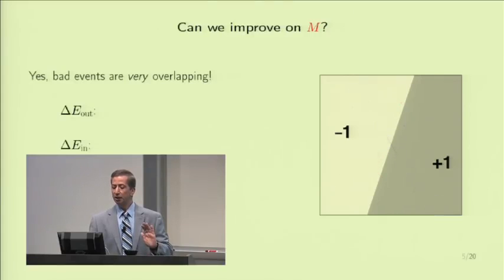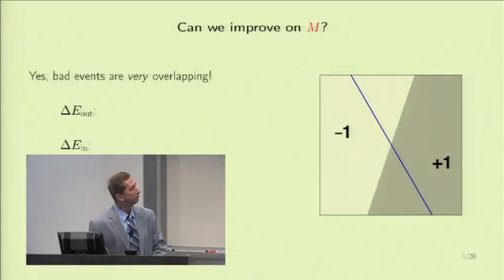And in words, now you look at what the change in E in and E out is when you change your hypothesis. So here's your first hypothesis. Now take another perceptron. You probably already suspect that this is hugely overlapping. Whatever you are talking about, it must be overlapping because they're so close to each other.